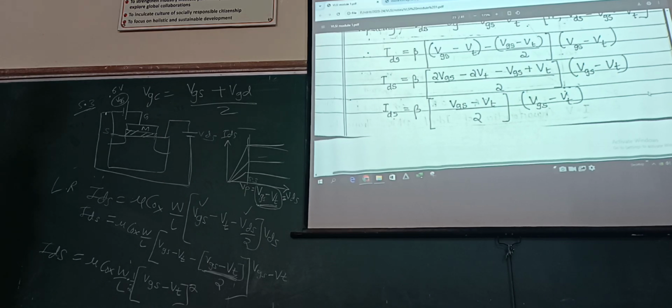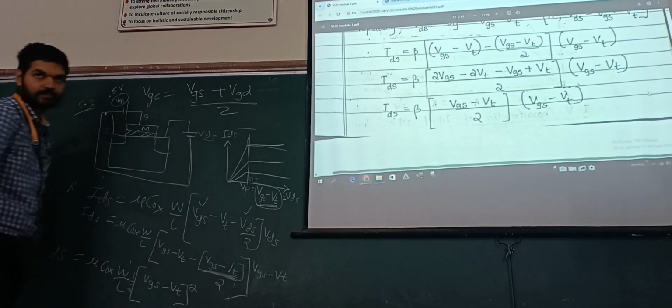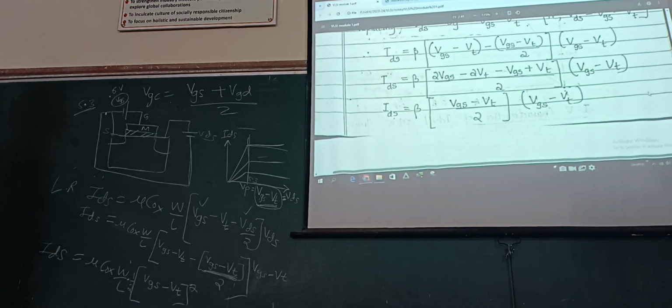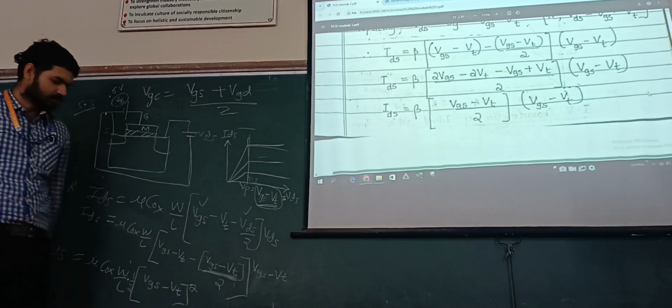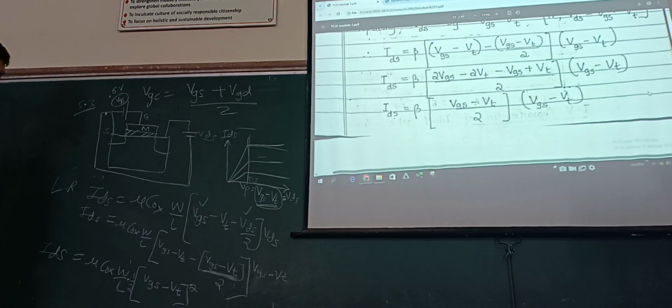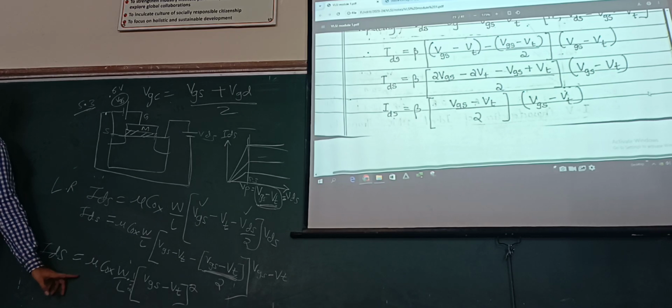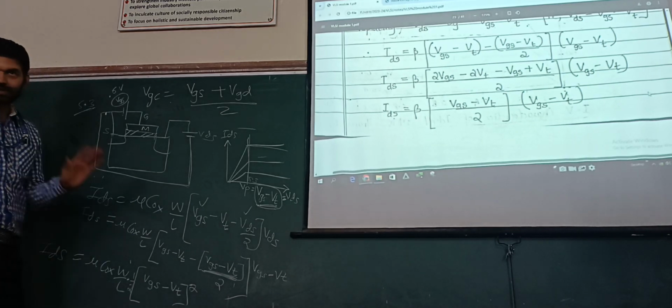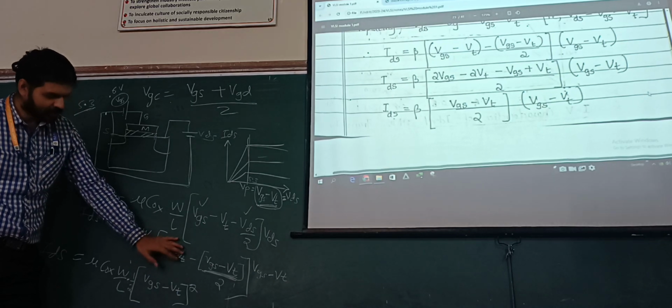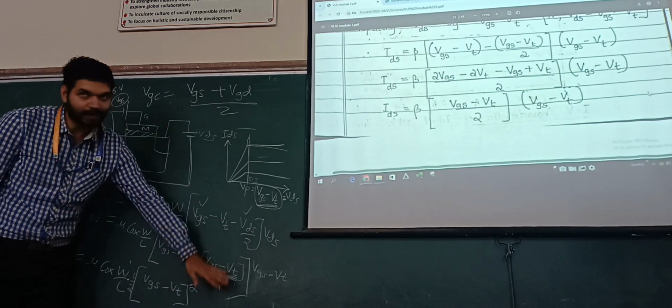VGS minus VT the whole square. What you have to think here is VGS minus VT minus VGS minus VT by 2.